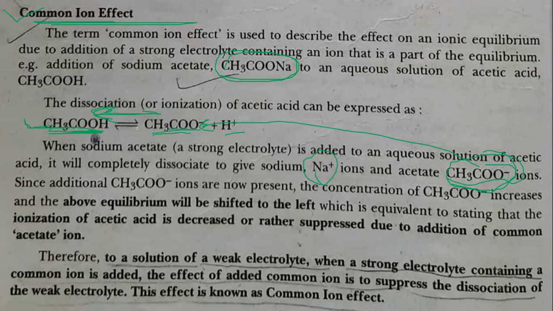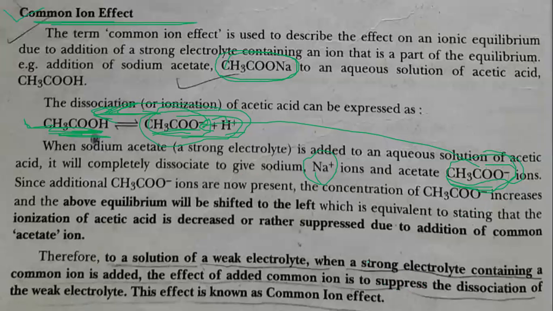Acetate ions decrease, but these molecules are increasing, I am talking from the previously added acetic acid molecules. So these ions are combining with H plus and they are getting shifted to this side. The reason is because acetate ion is more in number here, and now acetate ion is common.